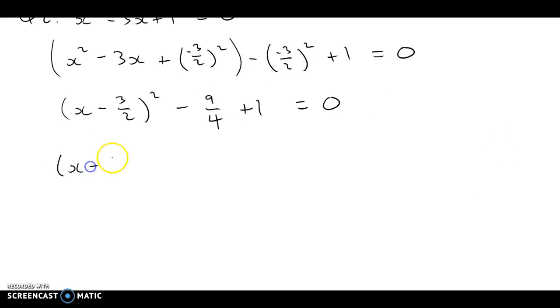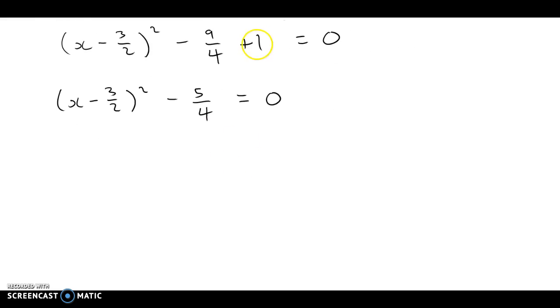We keep going with this. x minus 3 on 2 all squared minus 9 on 4 plus 1. So in other words, plus 4 on 4 will give us minus 5 on 4 equal to 0. So we can treat the 1 as 4 over 4. That leaves us with minus 5 on 4.